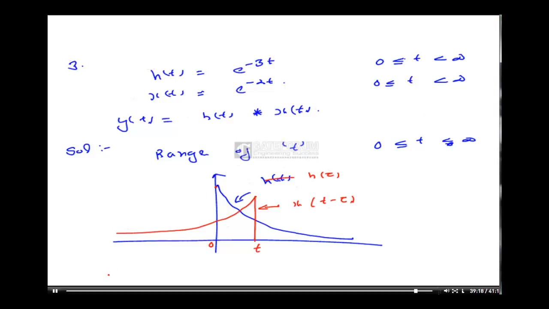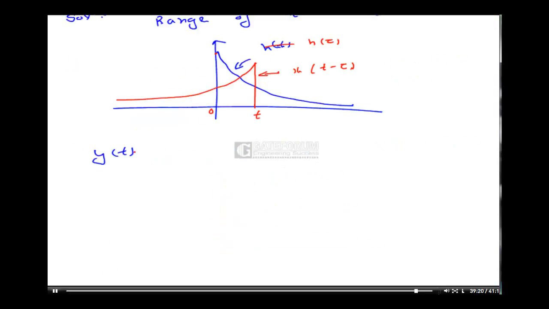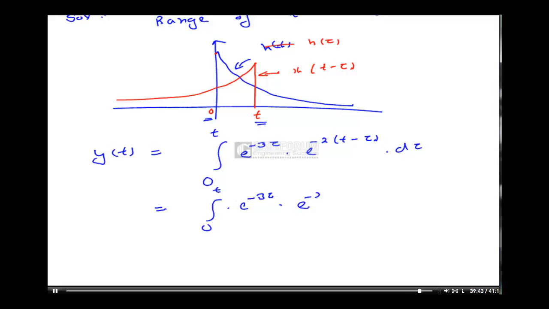Now y of t will be equal to the integral from 0 to t of e to the power minus 3 tau dot e to the power minus 2 of t minus tau d tau. So this will be equal to the integral from 0 to t of e to the power minus 3 tau dot e to the power minus 2t e to the power plus 2 tau d tau.